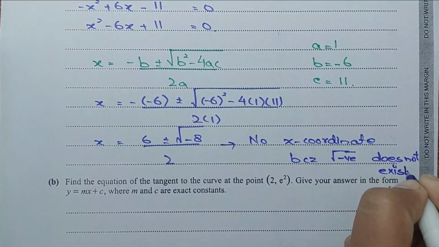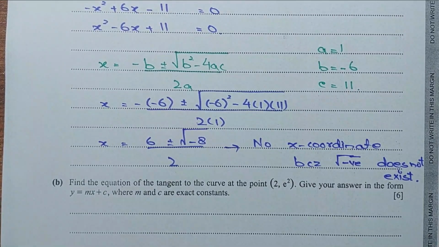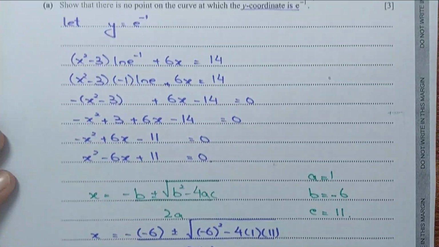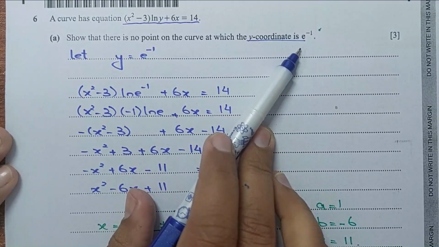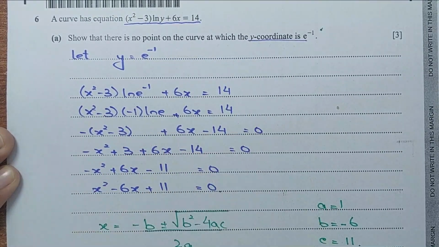So we have shown that corresponding to y equals e power negative 1, there is no x coordinate. When there is no x coordinate corresponding to this y value, then there is no point on the curve at which the y coordinate is e power negative 1, right? Because the discriminant is negative.